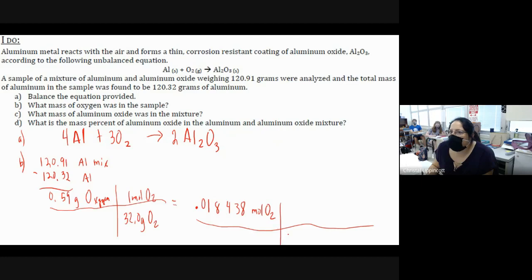So for every 3 moles of O2, I have 2 moles of Al2O3.